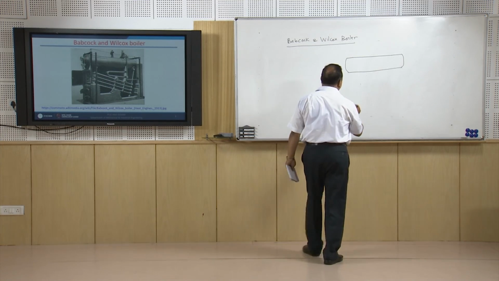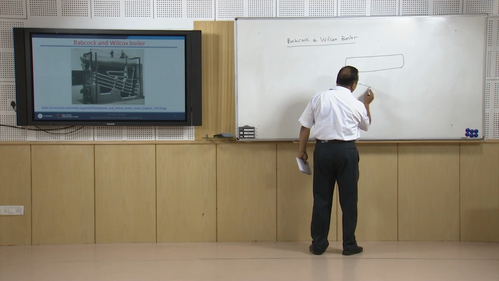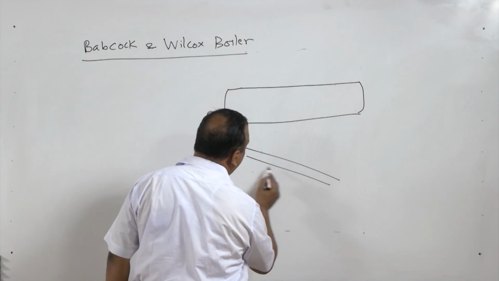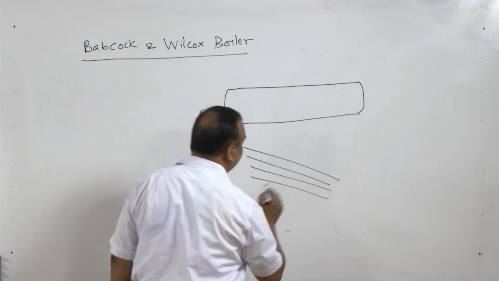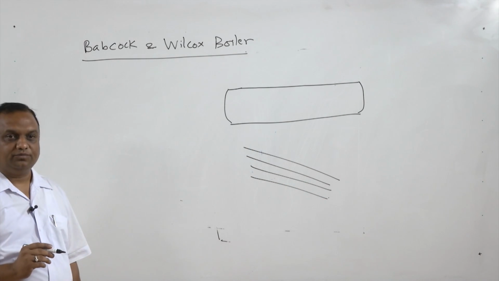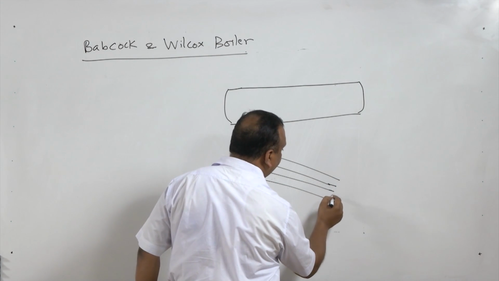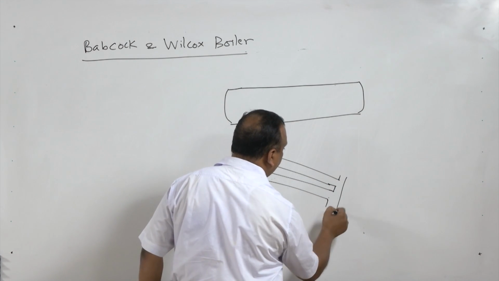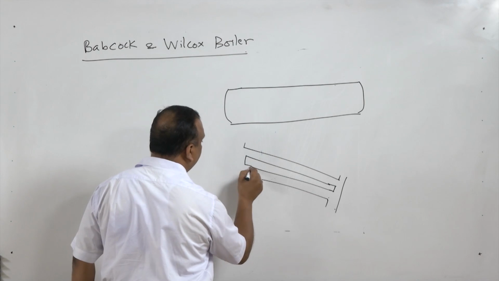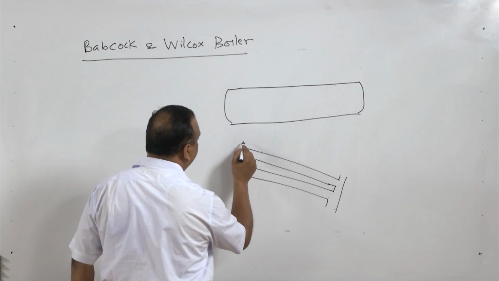It has straight tubes inclined at a particular angle. They are water tubes, and at both ends a water header is made for the circulation of water.